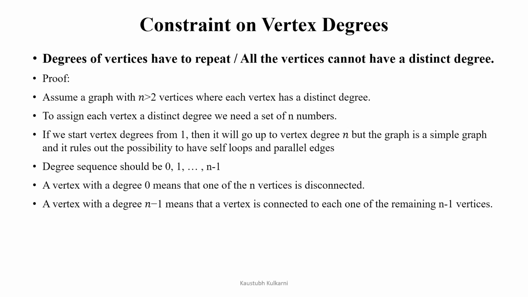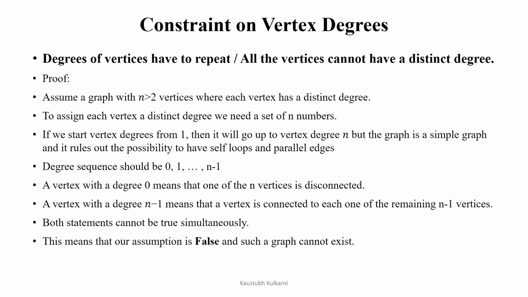Therefore, the maximum degree possible for the most connected vertex should also be n minus 2. So both the statements cannot be true simultaneously. It is a contradiction. So therefore, our initial assumption is incorrect. Therefore, we have proved by contradiction that all the vertices cannot have a distinct degree in a simple graph.